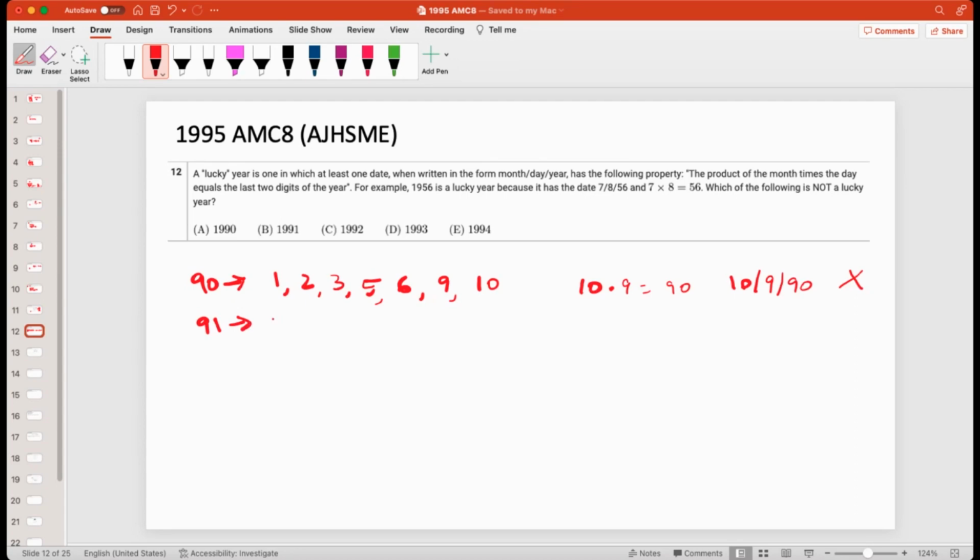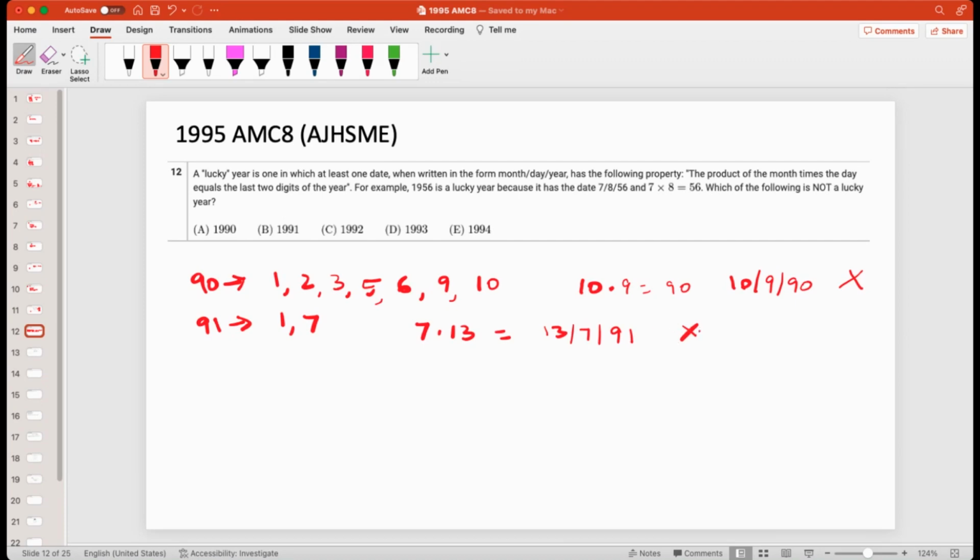We are going to have the factors 1 and 7. So now I'm going to say 7 times 13. The date will become 13 7 91. So this is also not our answer. This is a lucky year.